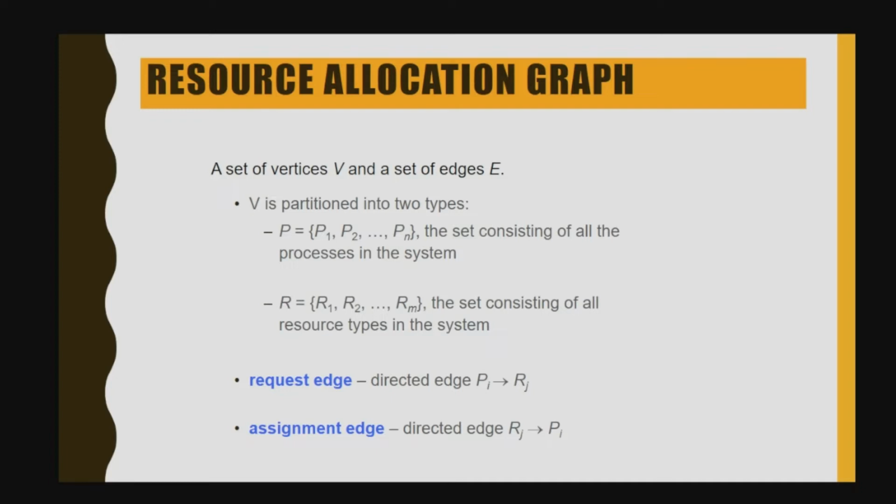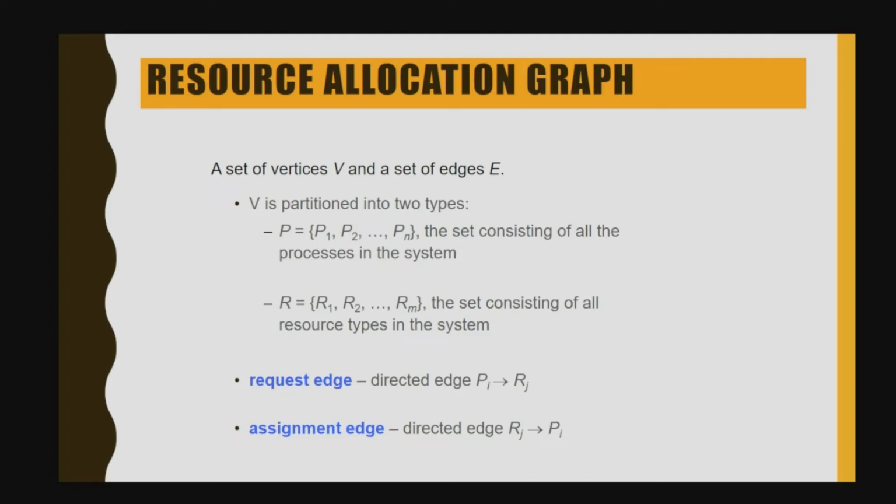V is partitioned into two types, P and R. P is the set consisting of all the processes in the system, and R refers to the set consisting of all resource types in the system.